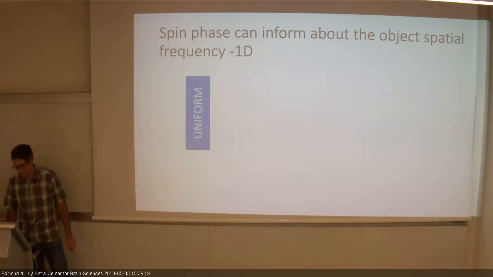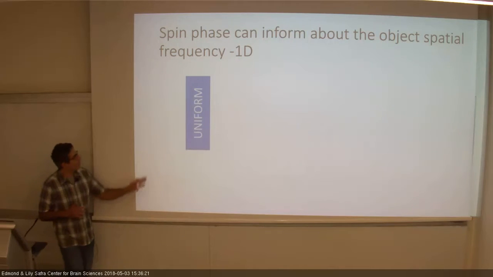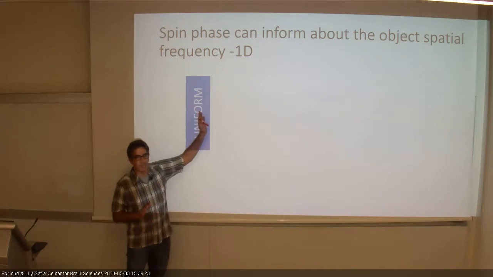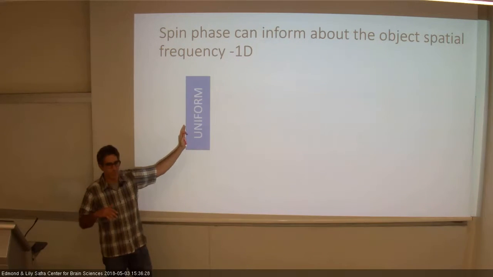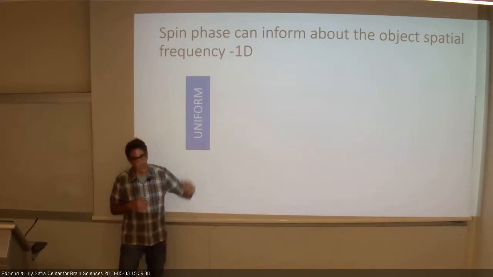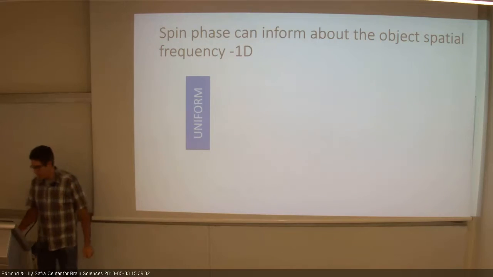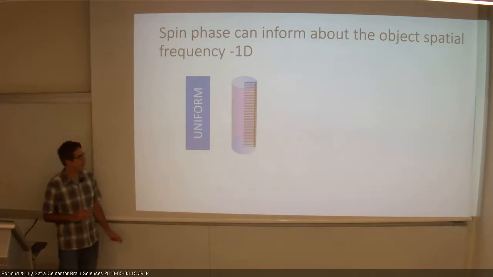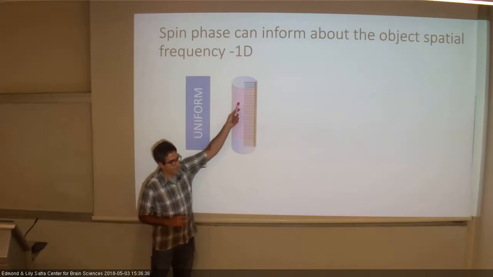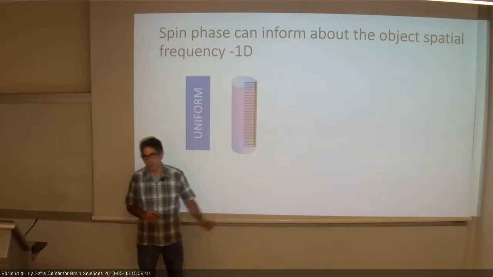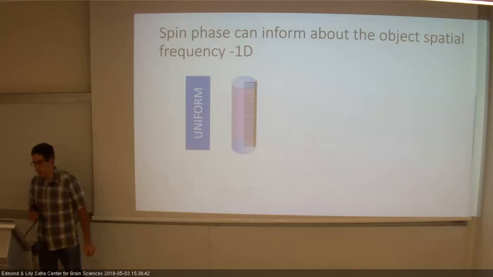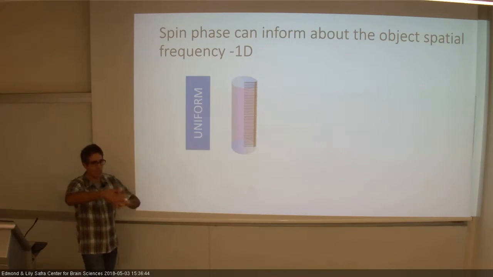So what if I had a uniform object? I'm going to make this problem a 1D problem, just to understand it. Say I had a uniform object, and I use no gradients at all. They are all aligned, and I'm getting the maximal signal, right? But let's say, what would happen if I would use a gradient and they start to get out of phase?